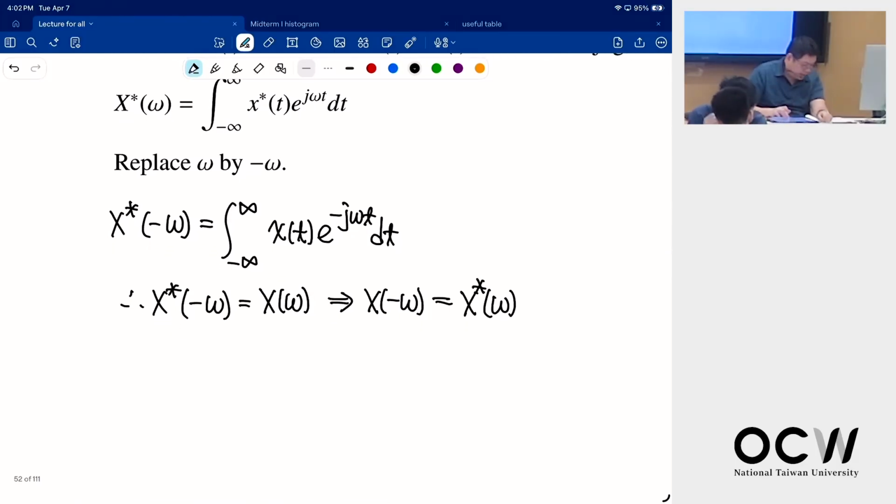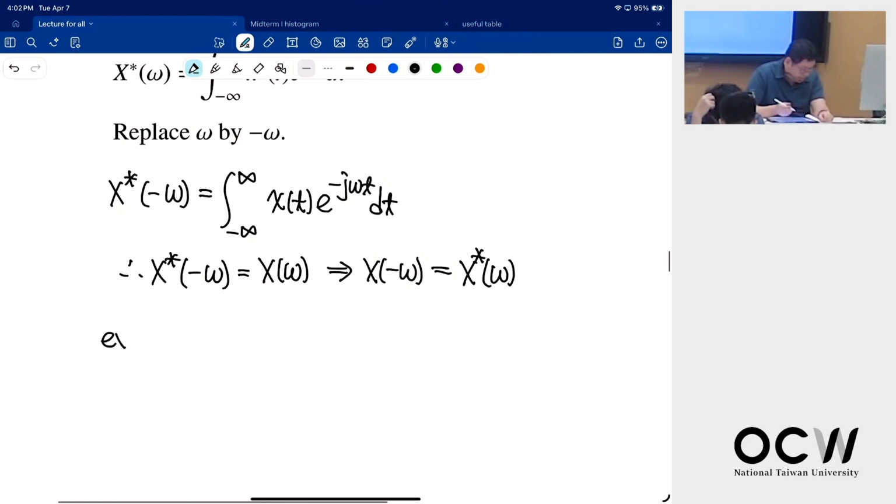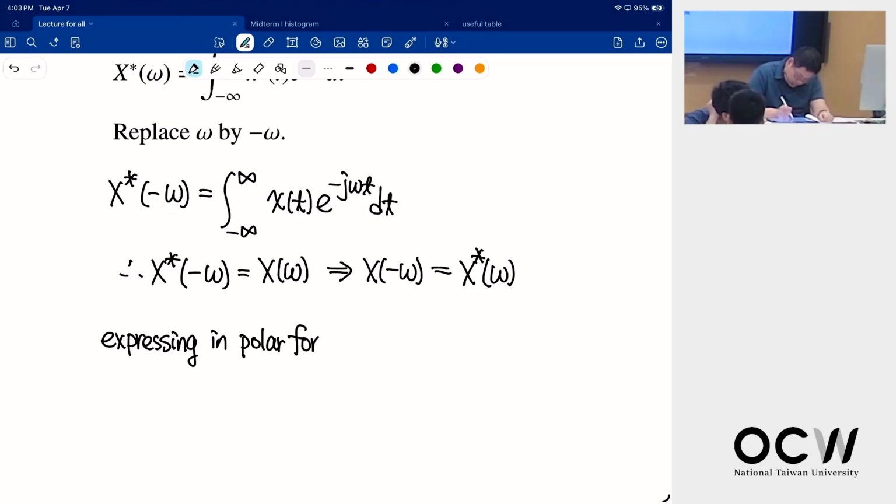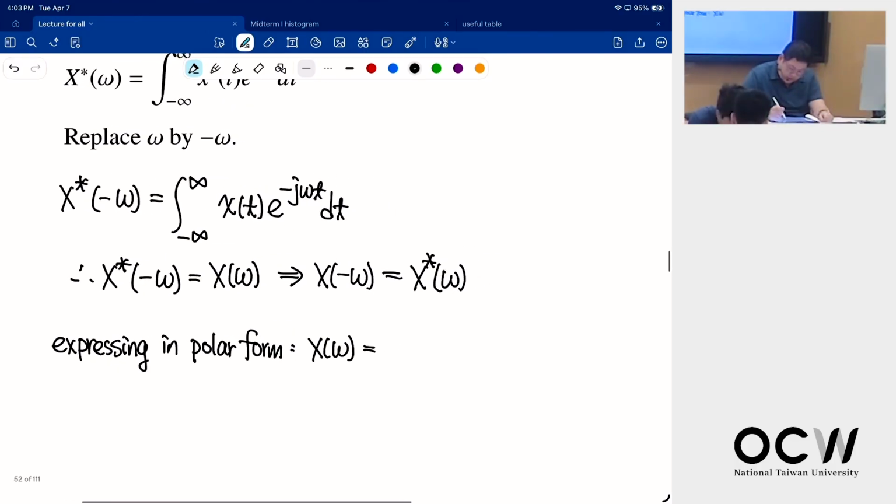So if we express that in polar form, how does it look? X(omega) in polar form, I need the magnitude and the phase.